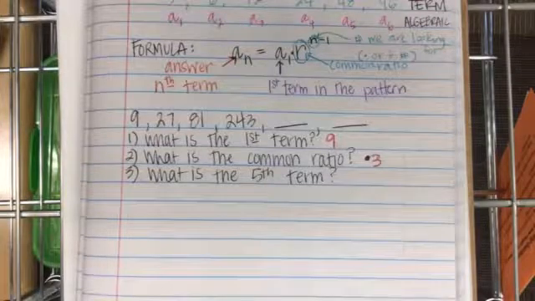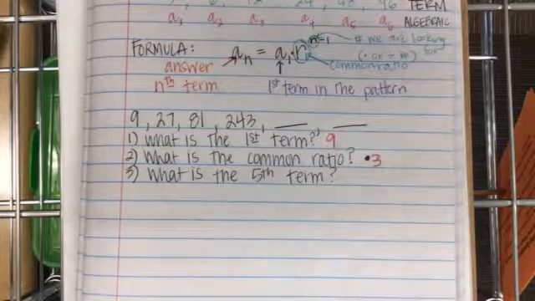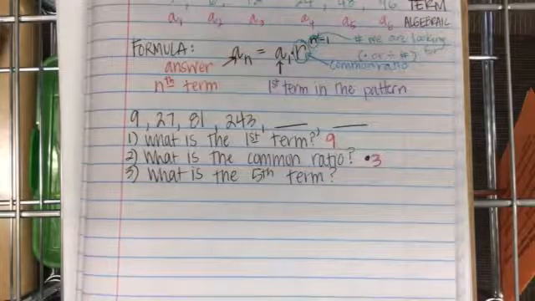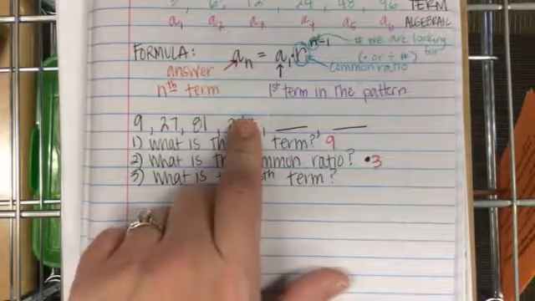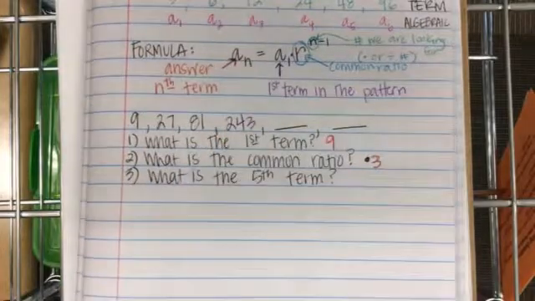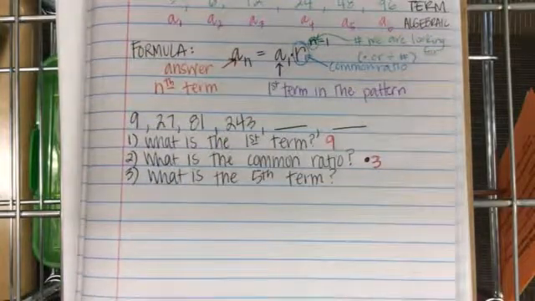Use the formula. Okay, you could use the formula, or since it's just the 5th term, I could just take the 4th term and multiply by 3. What is it? 729.